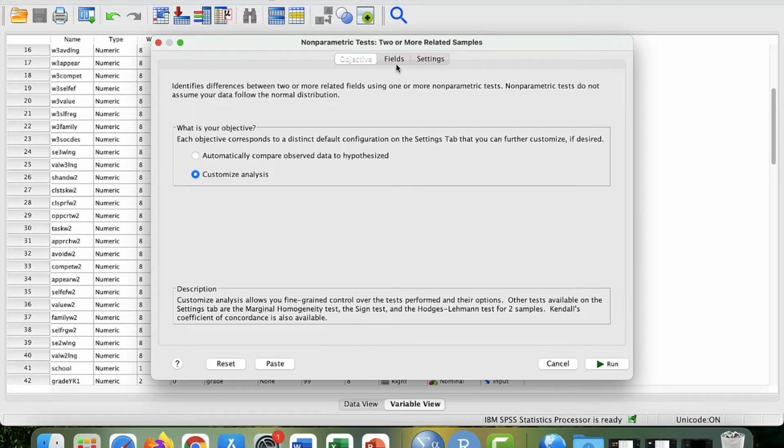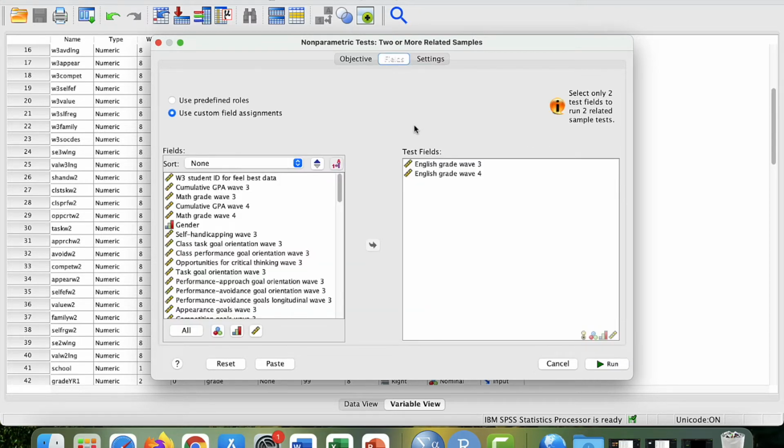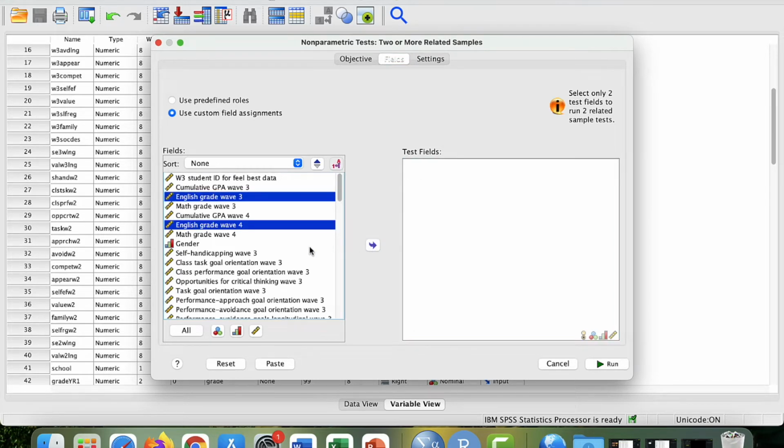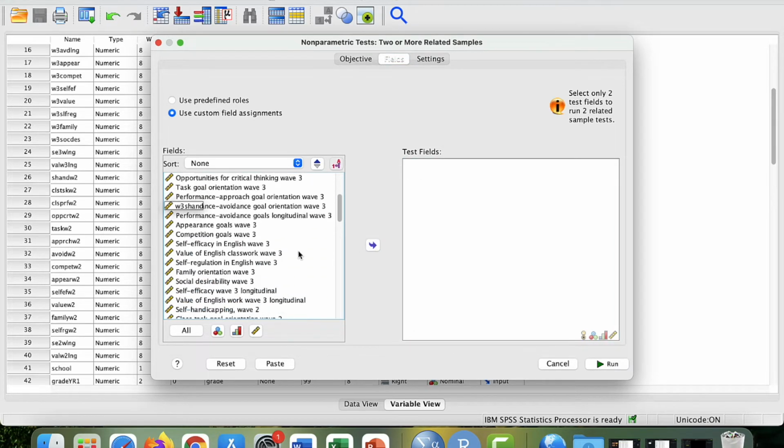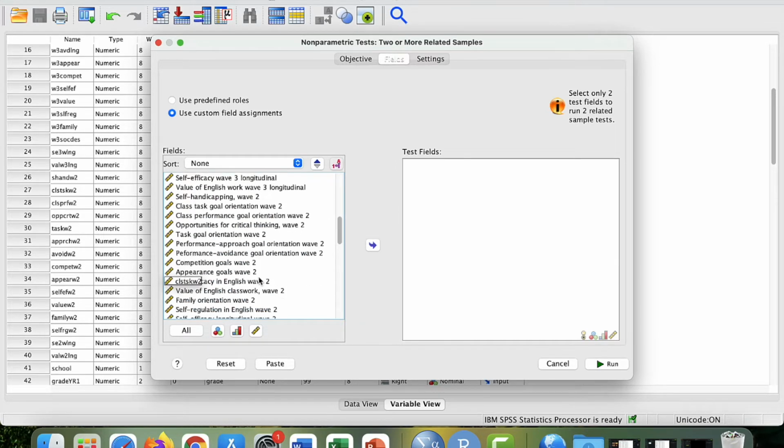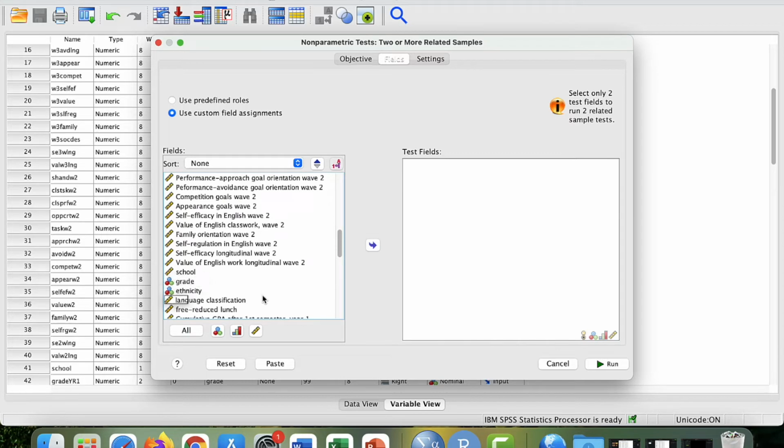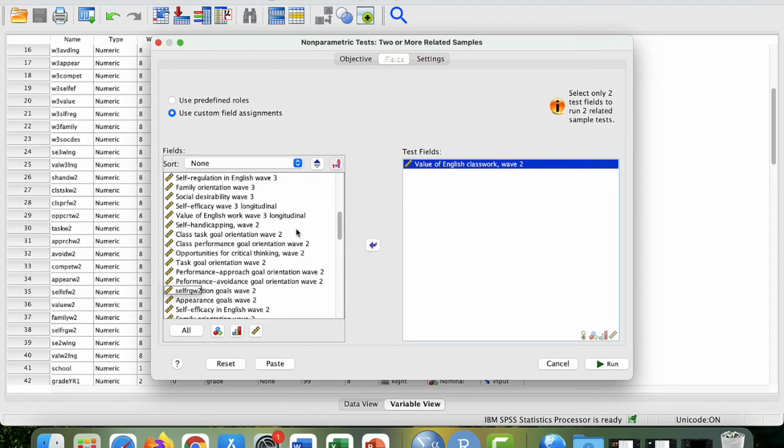So let's go to Fields, and this is where I can plug in the variables that I want to look at. So I want to compare value at wave 2, which is down here, value of English classwork, wave 2, and the value of English classwork at wave 3, which is here.